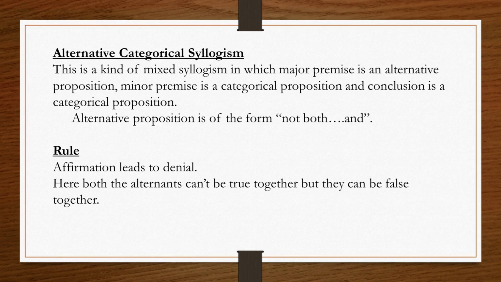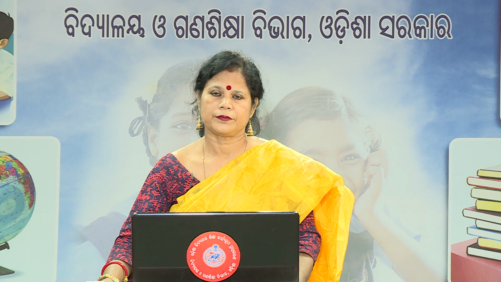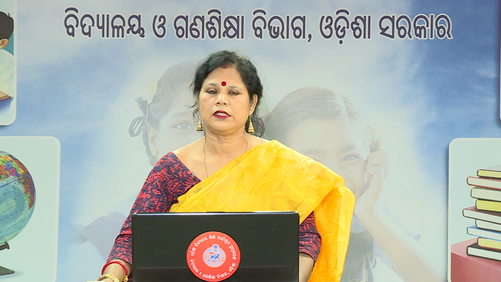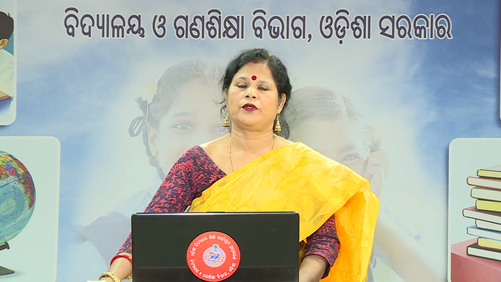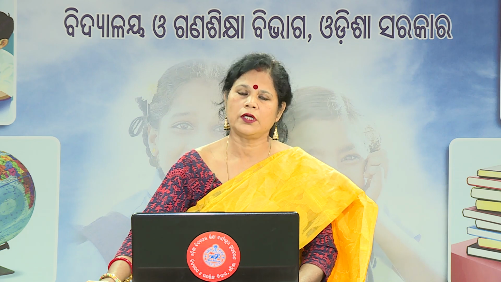Alternative proposition is of the form not both A is B or C is D. Here A is B is one proposition and C is D is another proposition, and both these propositions are known as alternatives or alternants. Okay.